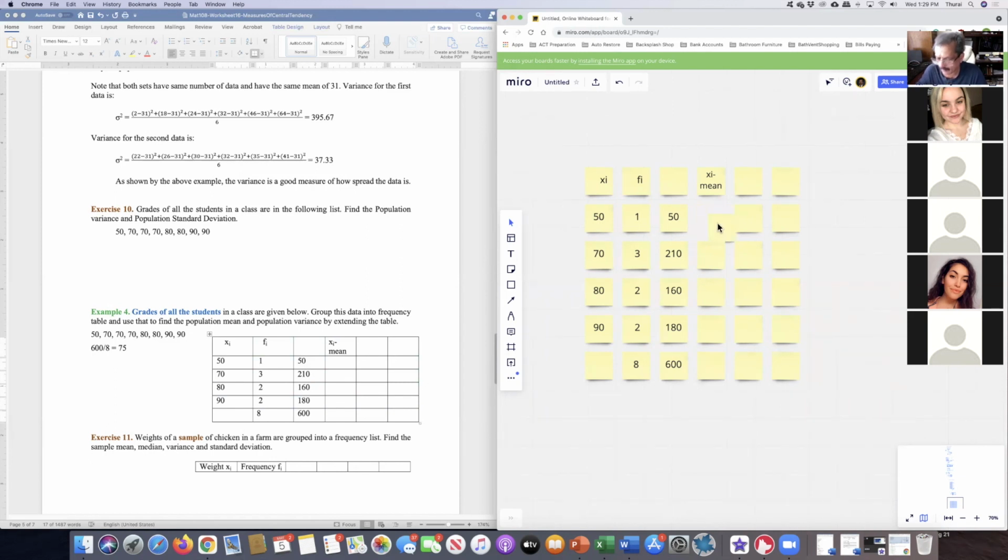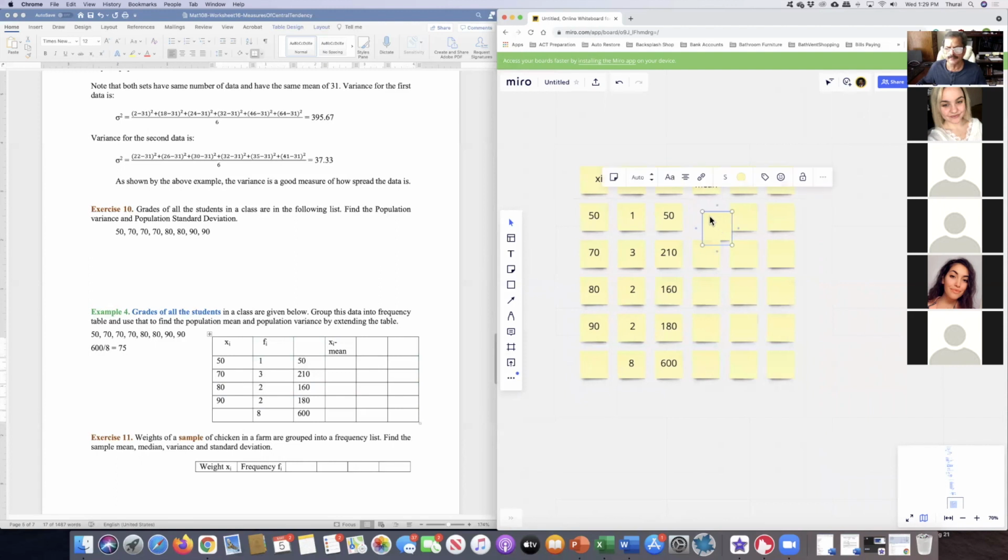This table is not working out for me. Wouldn't it be squared, Professor? We will square it in the next column. Oh, okay.